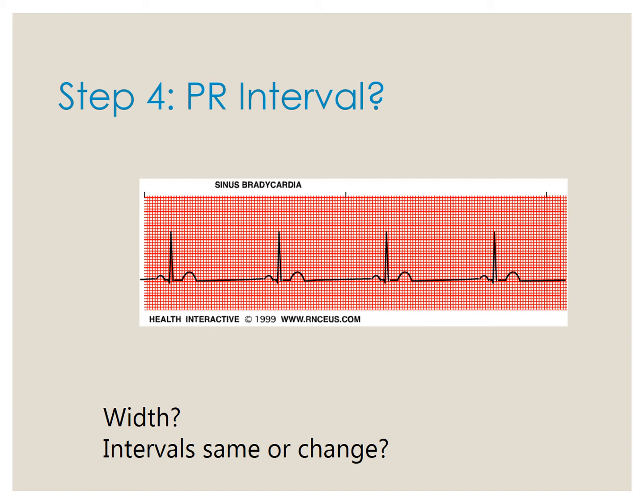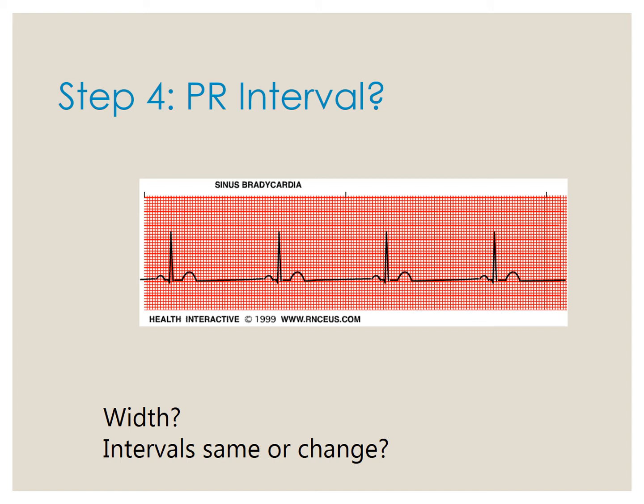And are all the intervals the same, or are they different? This looks the same to me. If I'm measuring it out, it looks like there's 1, 2, 3, 4 small boxes. 4 times 0.04 is 0.16. So the PR interval is normal at 0.16.